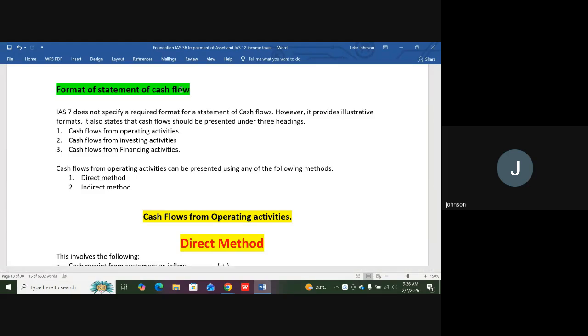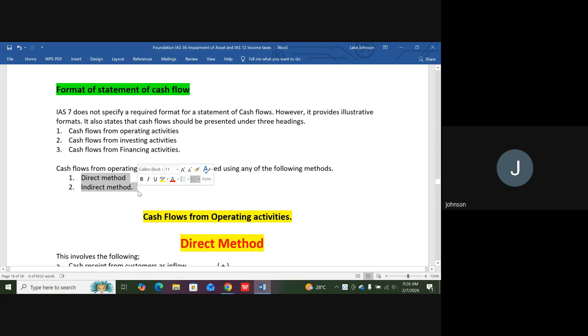At times, the examiner will tell you, using cash flow statements, do direct method. You can also say, we want you to do indirect method. It means that as a student, you must know the 2 methods, right? You must know the 2 methods. Now, let me tell you the differences between the 2 methods.